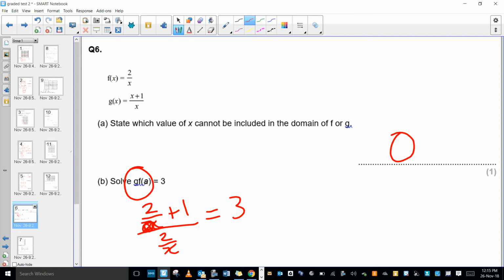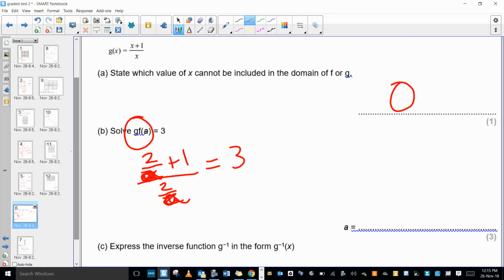So 2 over a plus 1 over 2 over a equals 3. So 2 over a plus 1 equals 3 multiplied by 2 over a. So 2 over a plus 1 equals 6 over a.